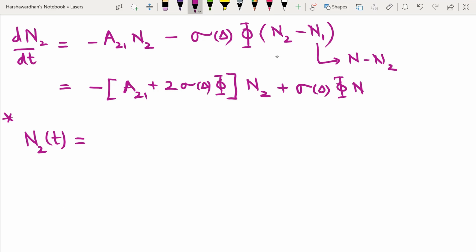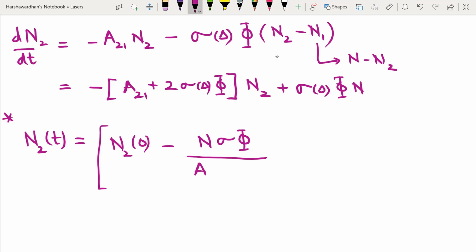So you see that I can write down my N2 as a function of time in the following form. So my N2 of t is simply N2 at time t equal to 0 minus total number of atoms times sigma times phi. I am dropping the frequency delta dependence; I will come back to it later. Divided by A21 plus 2 times sigma times phi, and this is multiplied by exponential minus A21 plus 2 sigma phi times t.